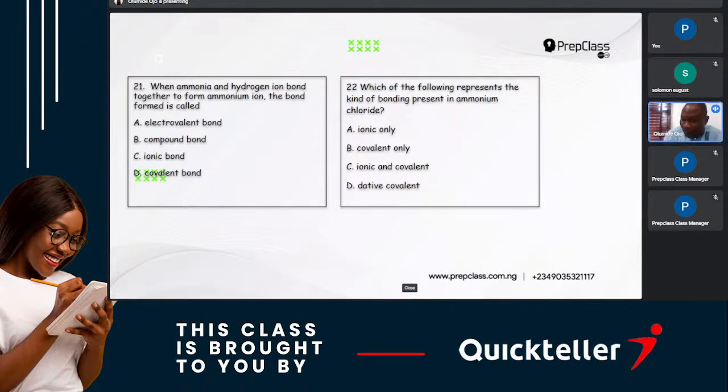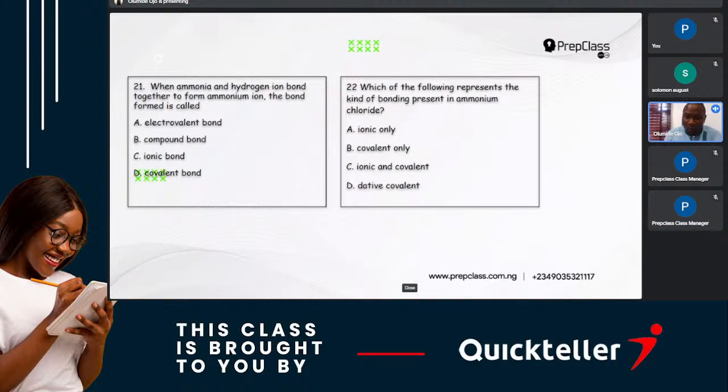So let's go to number 22. Which of the following represents the kind of bonding present in ammonium chloride? Now, what form is ammonium chloride? NH4+ Cl-. Now, ammonium itself, NH4+, is formed by what?